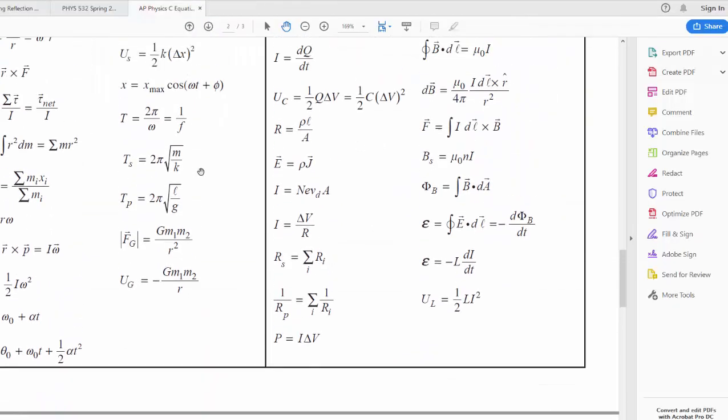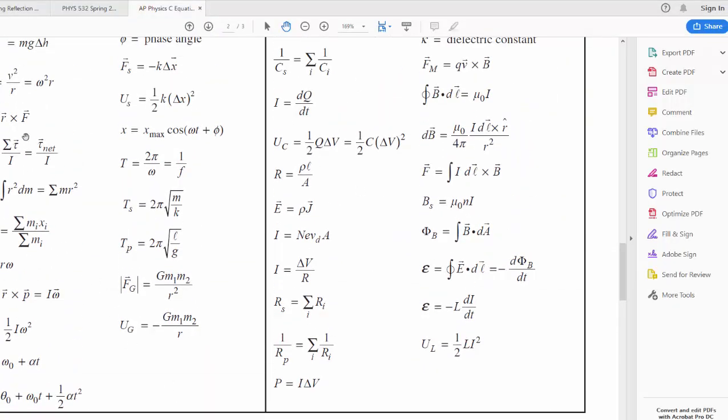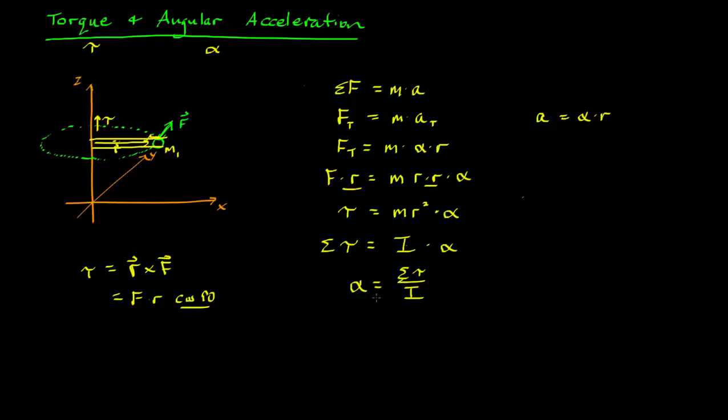So it's right here. You see the definition of torque followed by Newton's second law for rotation, and then our definition of angular acceleration. So that's basically it to tie it together, just knowing where it comes from. I'll do a few examples, and then you'll have a practice set.